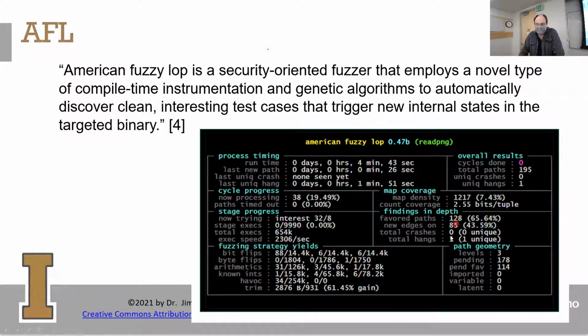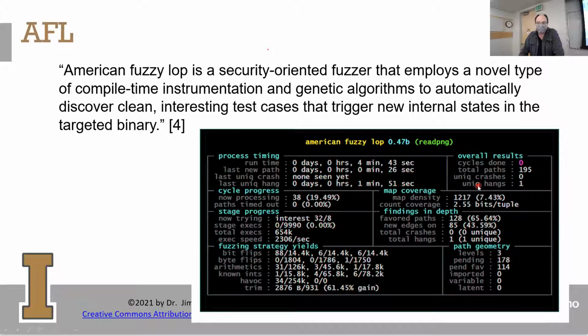So this one, let's see, where are we? Yeah, so this has run 654,000 executions of the program. It does 2,306 per second of this program. It has a map coverage; so far it had covered 7% of the code. Looking at different paths, it covered 65% of what they call the favored paths, and created 43% new edges. But here's the interesting thing.